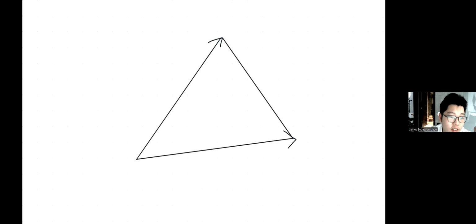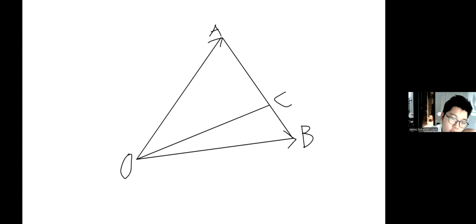Right, here's a simple example. Say we have something like this. So this is O, this is A, this is B, this is C. We're given that OA is A, OB is B, and we want to find OC. How do we find OC?